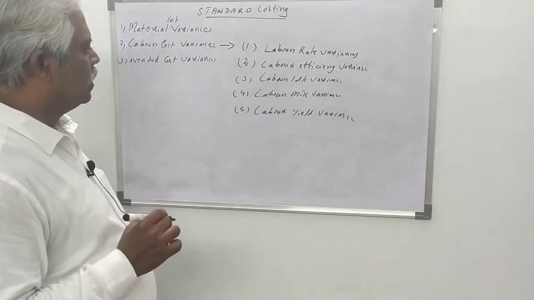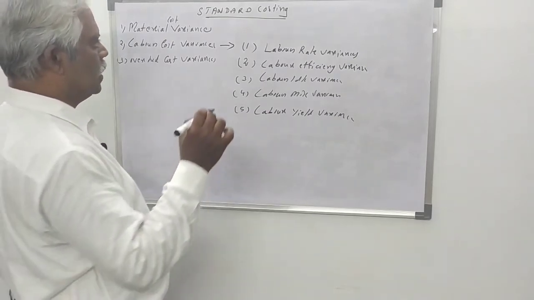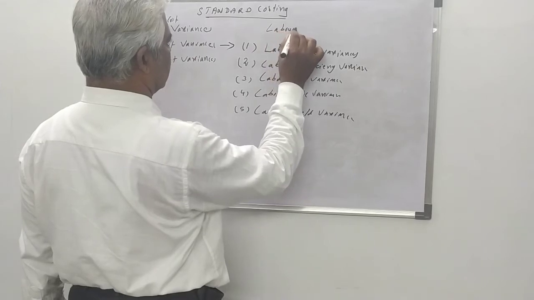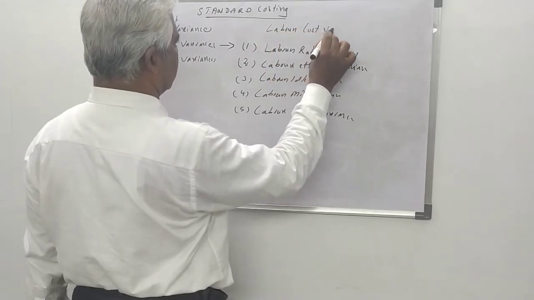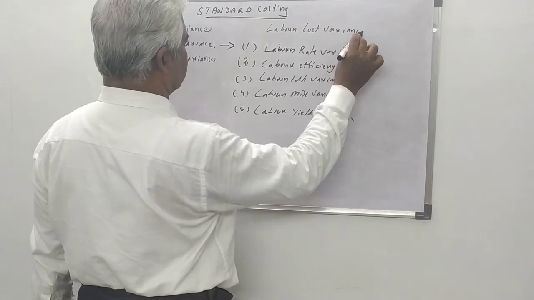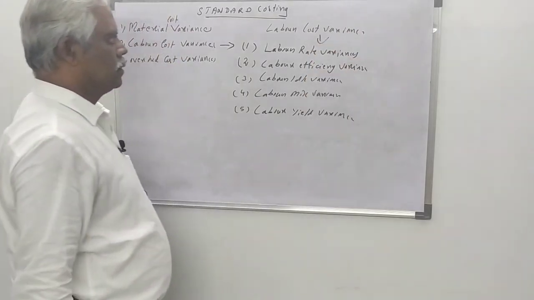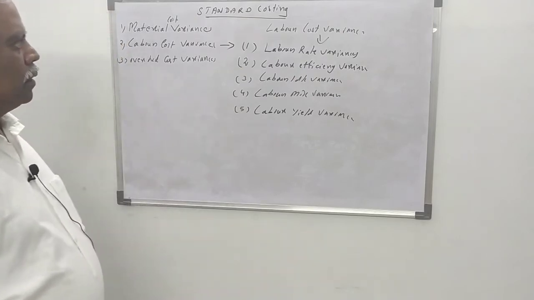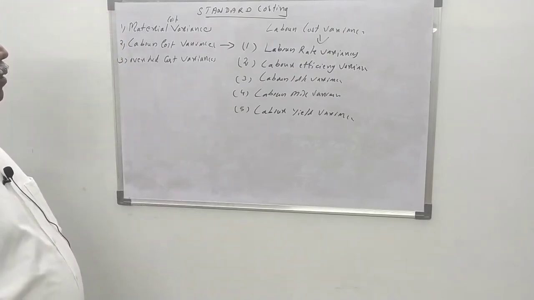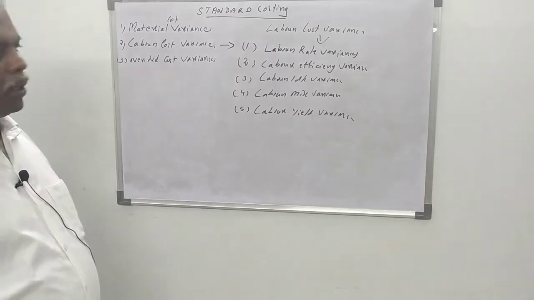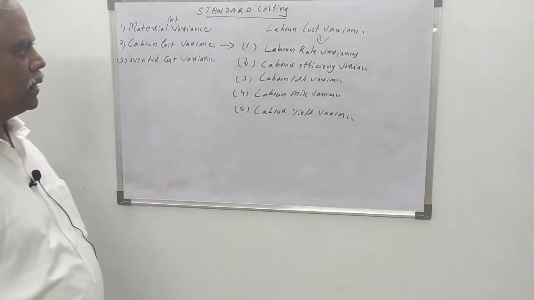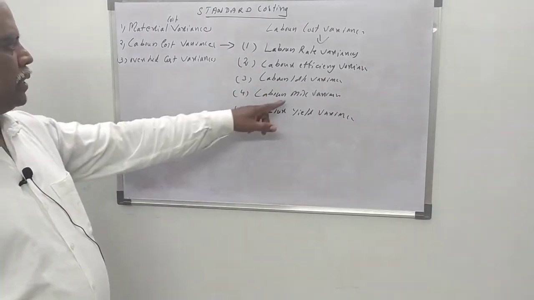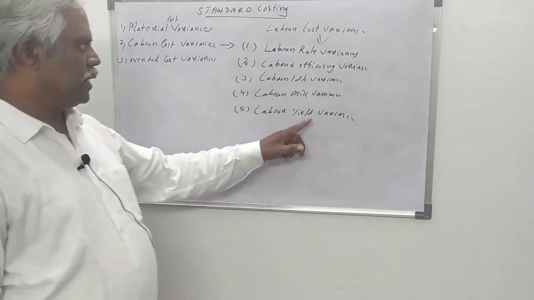In this class, we will study what labor cost variance is. Labor cost variance may occur due to labor rate variance, labor efficiency variance, labor idle variance, labor mix variance, and labor yield variance.